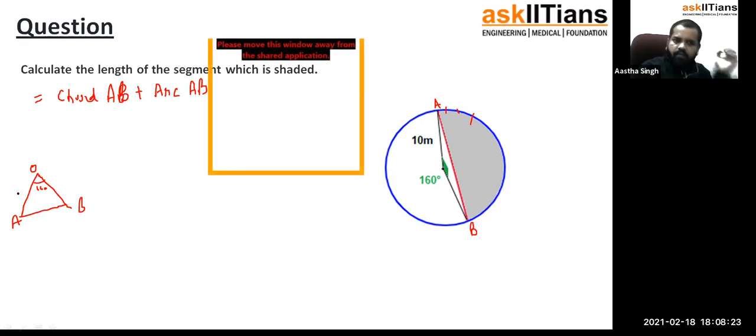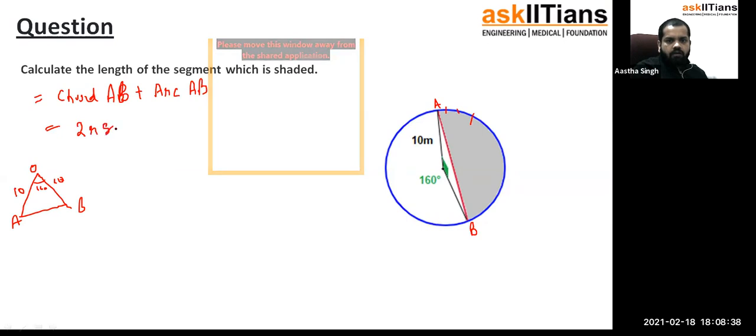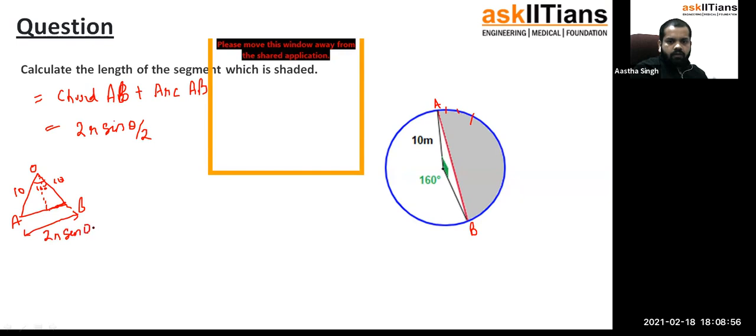The radius here is 10 meters. So the chord AB will be 2 r sin theta by 2. Why? Because if we divide it, this angle will be theta by 2, this length will be r sin theta by 2, and the whole length will be 2 r sin theta by 2. I think the point is very clear to you.